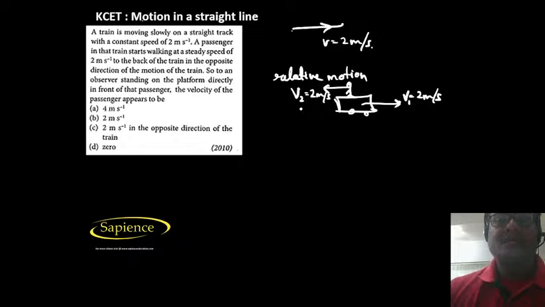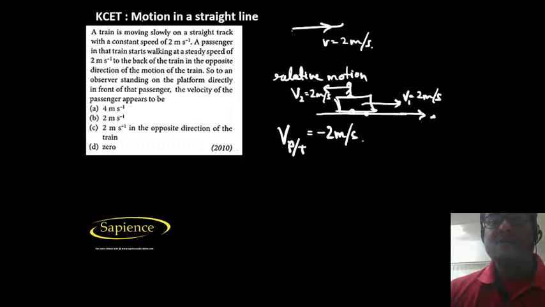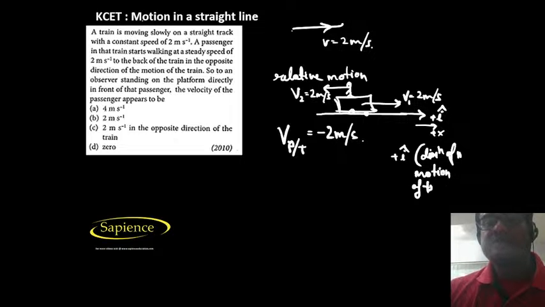So this is the motion of the passenger with respect to the train, which I can say is minus 2 meter per second. Why? If I take the direction of motion of the train as plus i cap, the direction of positive x-axis, then the passenger is moving opposite to the direction of the motion of the train.